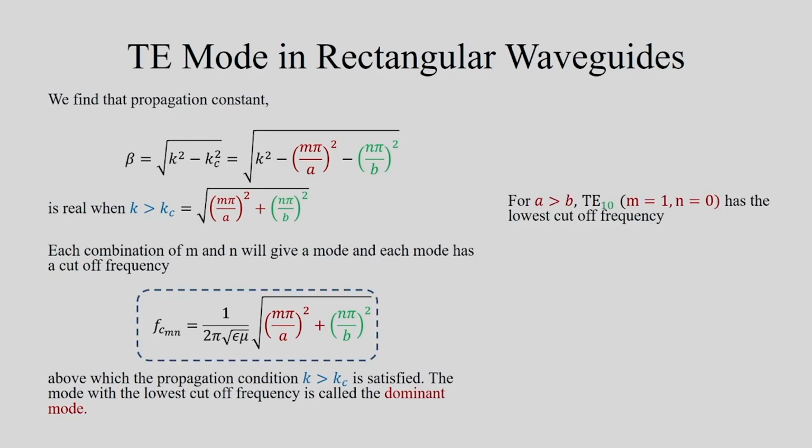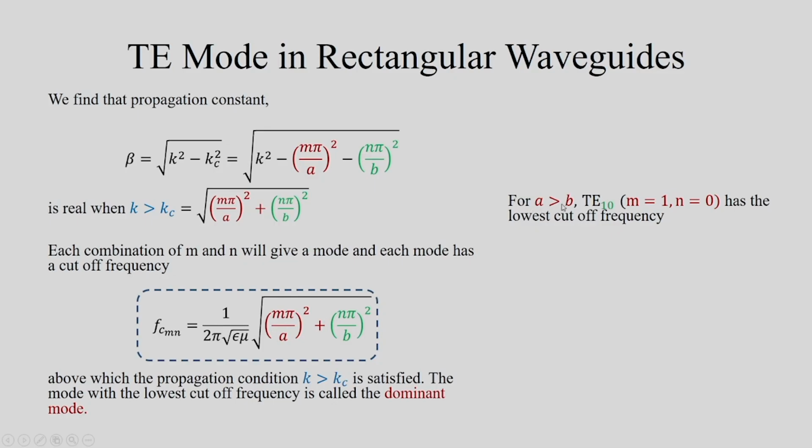Now, if we have a rectangular waveguide for which a is greater than b, then we see that the least cutoff frequency will be when m equal to 1, n equal to 0.